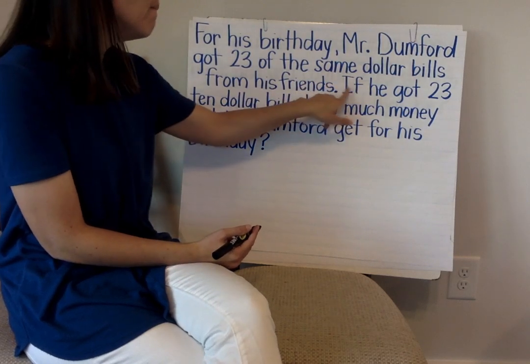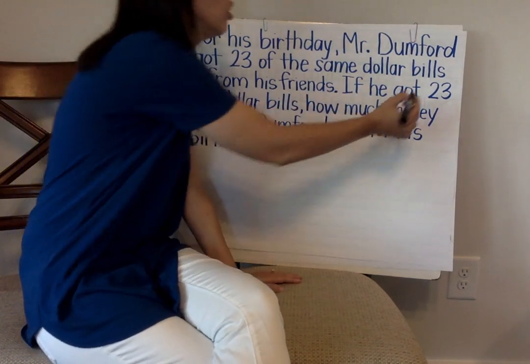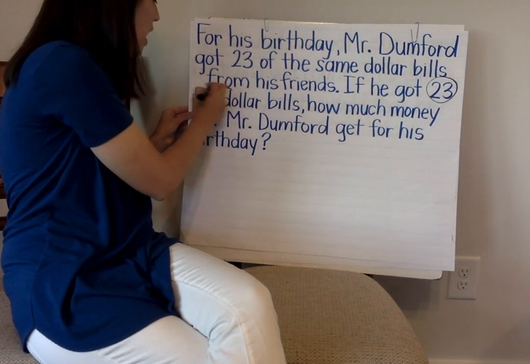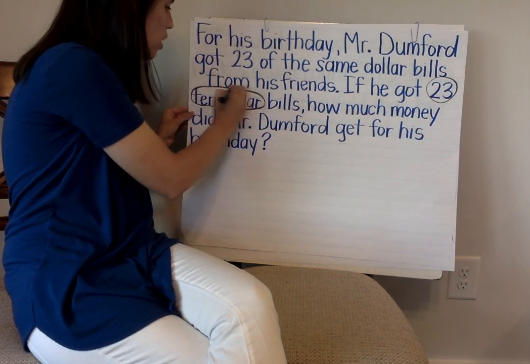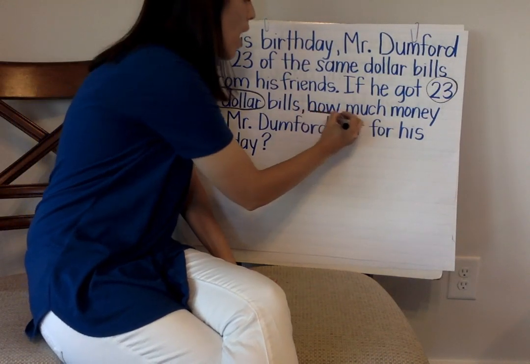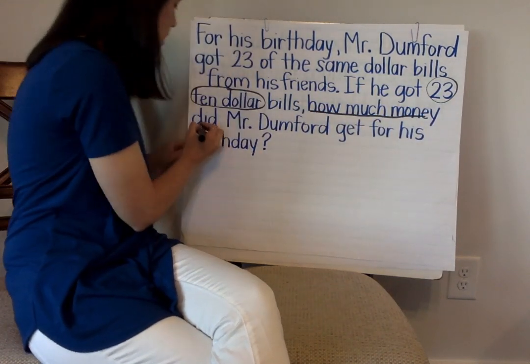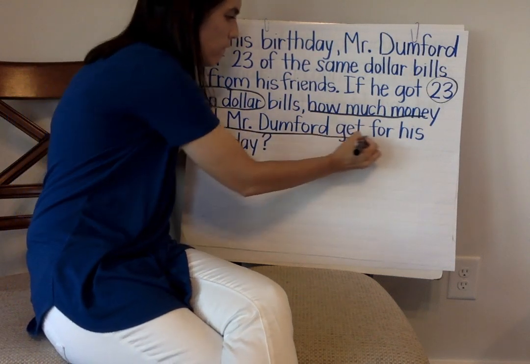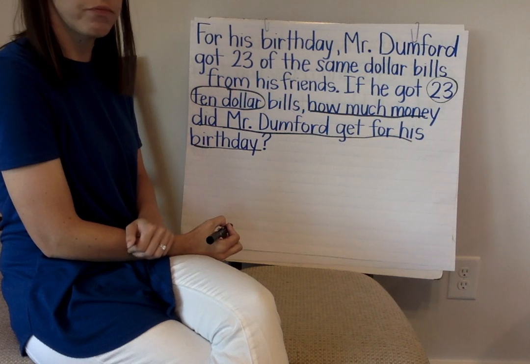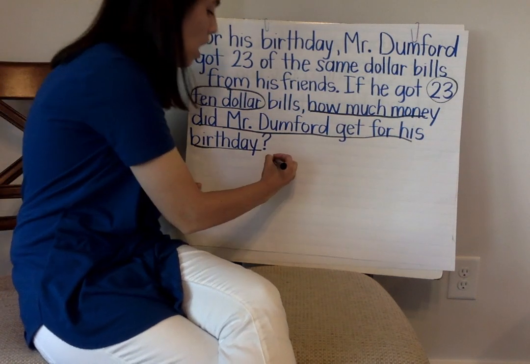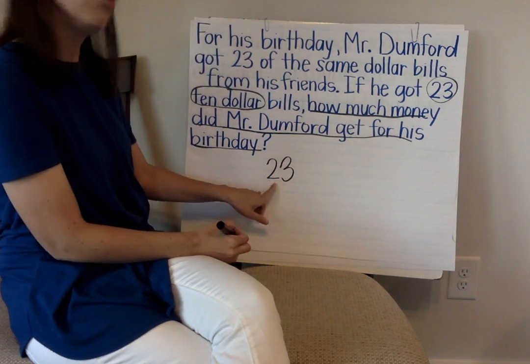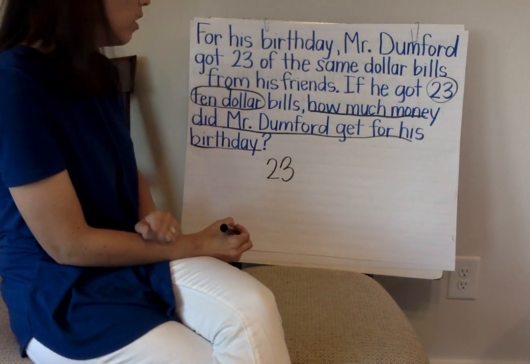Well, I know that Mr. Dumford got 23 $10 bills, okay? And I want to know how much money did Mr. Dumford get for his birthday? Well, he got 23 $10 bills.